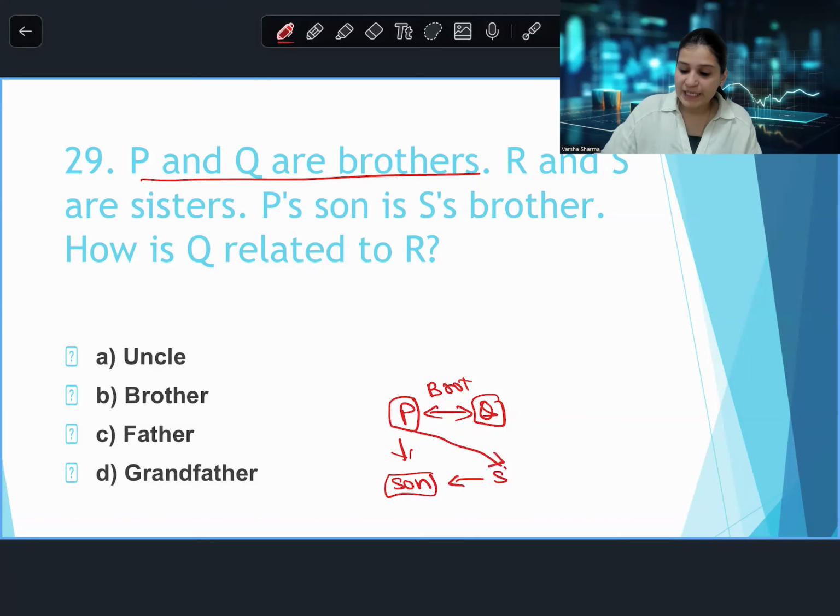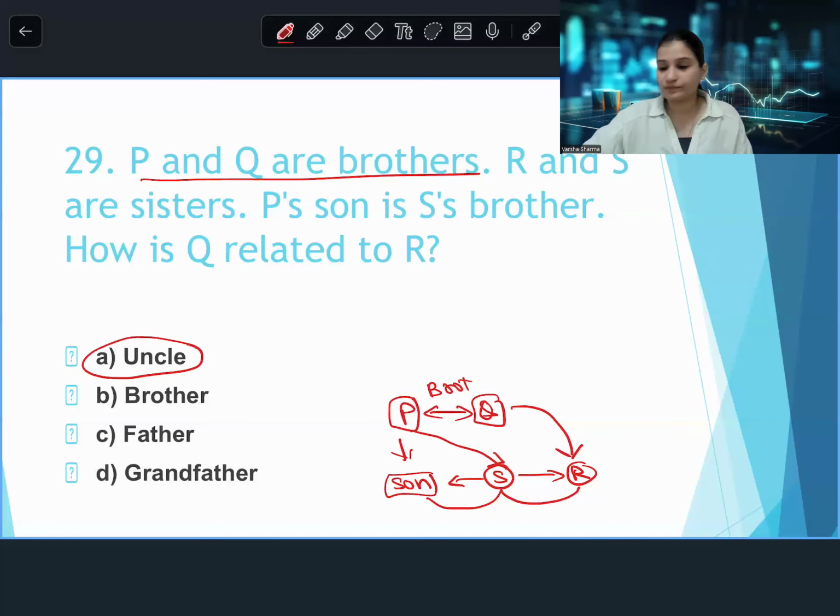So that means P is also the father of S. R and S are sisters. That means these three are brothers and sisters, and they are all three children of P. How is Q related to R? Uncle. Clear? Yes, ma'am.